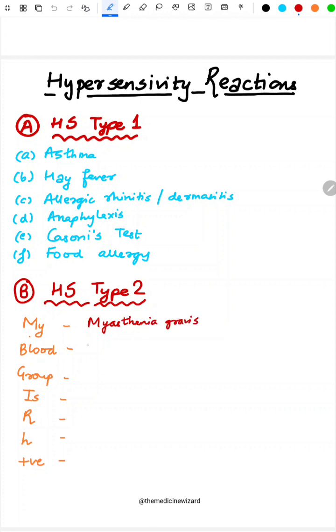Okay, B for blood transfusion related reactions. G for Graves' disease and Goodpasture's disease.